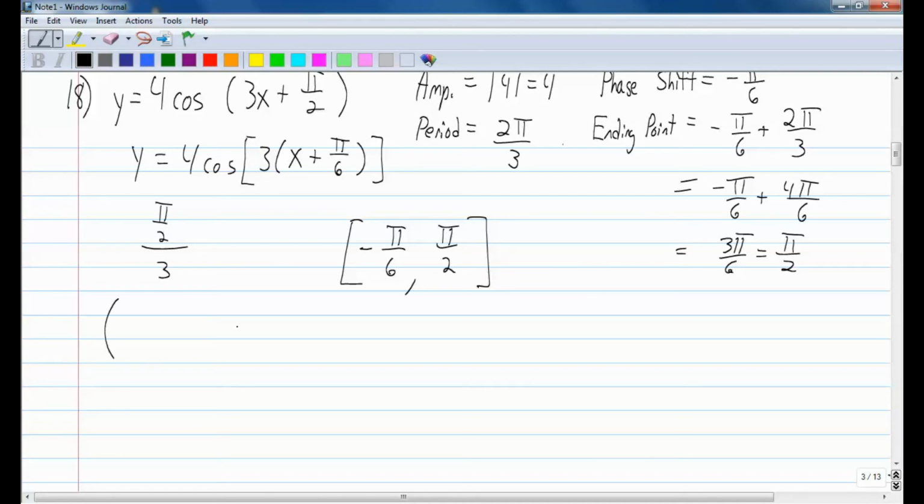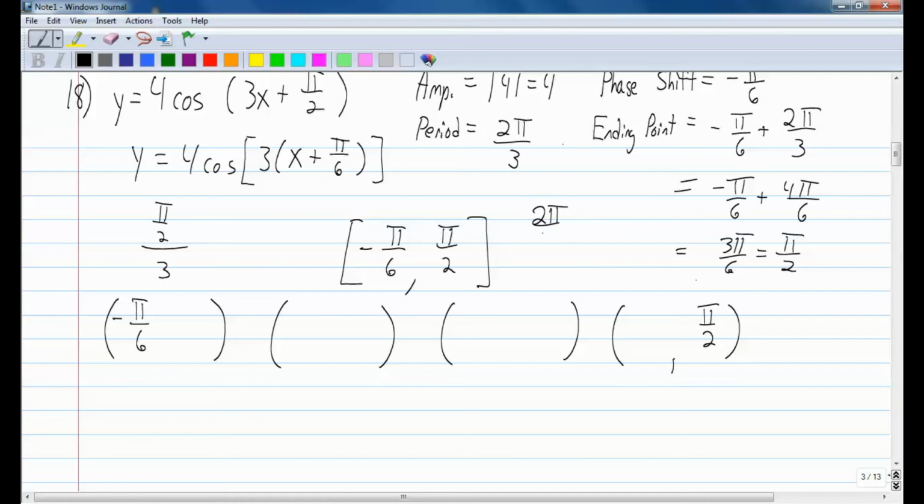Alright, so we make our 4 subintervals. We know that the starting point is negative pi over 6. The ending point, pi over 2. To figure out what we add to each significant point to get the next significant point, you take the period and divide by 4.